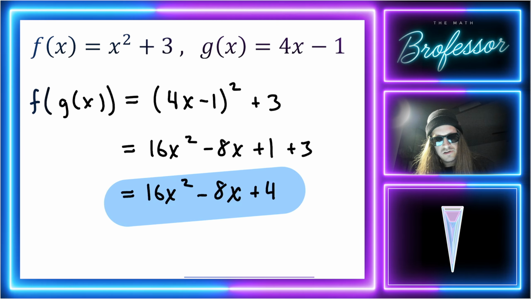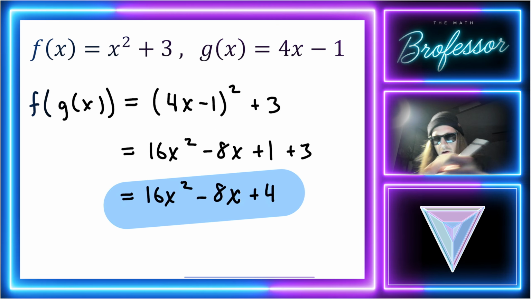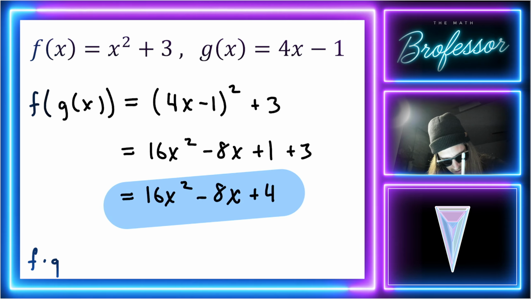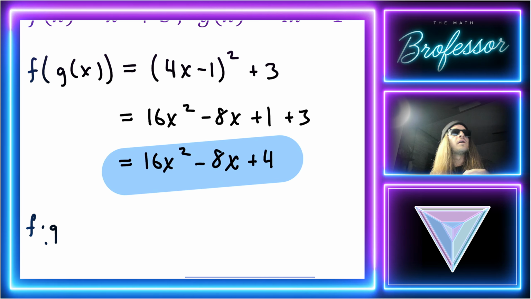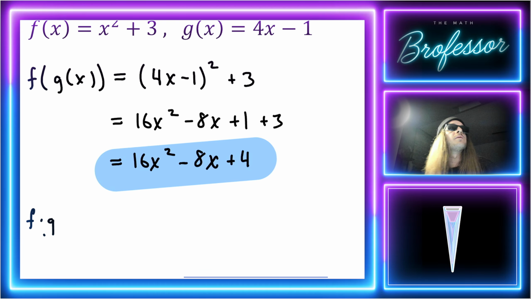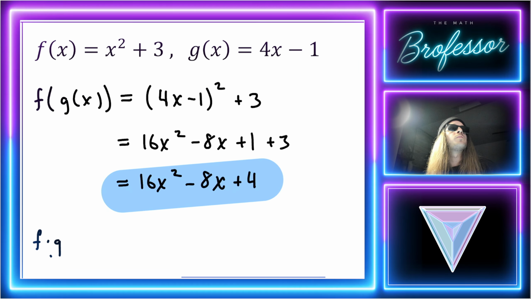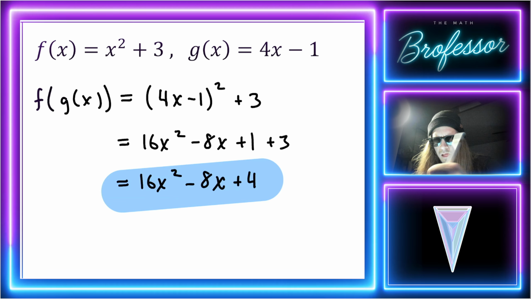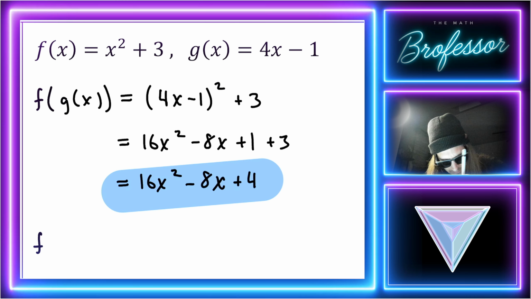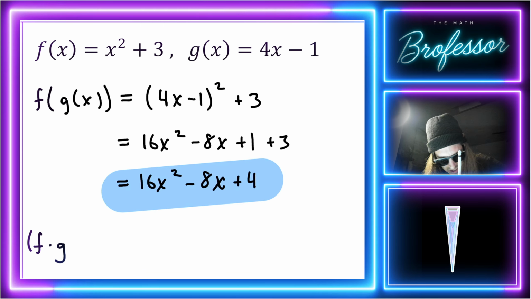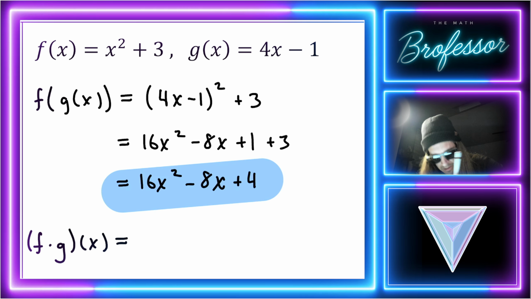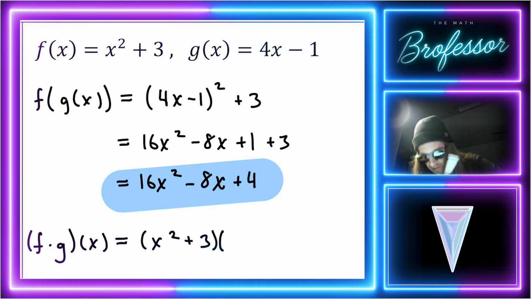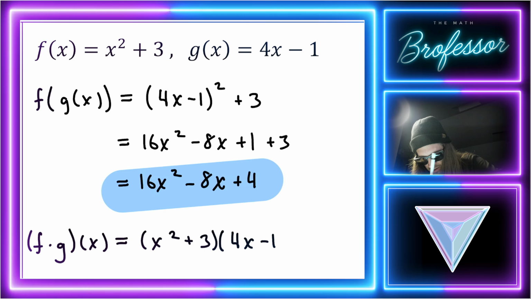And then let's do our product here. I need to write it down while I can see. So F times G. Can I zoom out a little bit maybe? Okay, cool. Try that again. F times G of x, that is going to be x squared plus 3 times 4x minus 1.